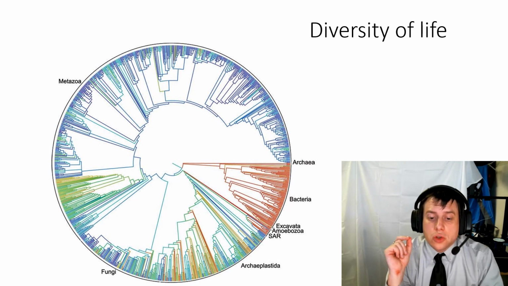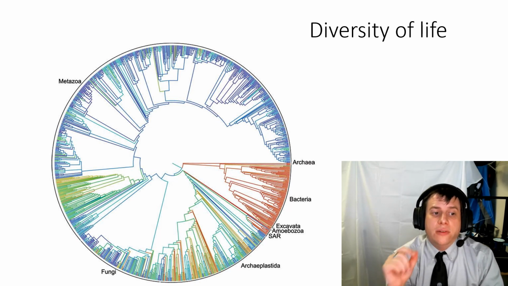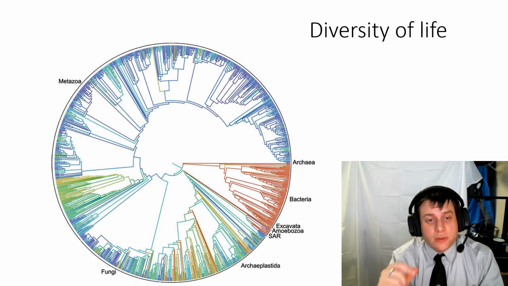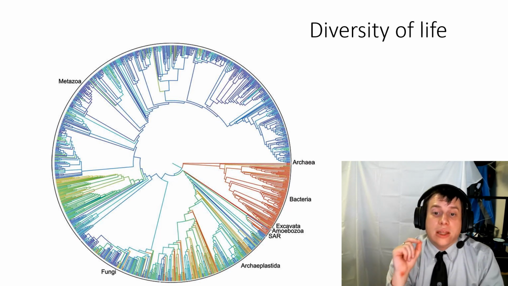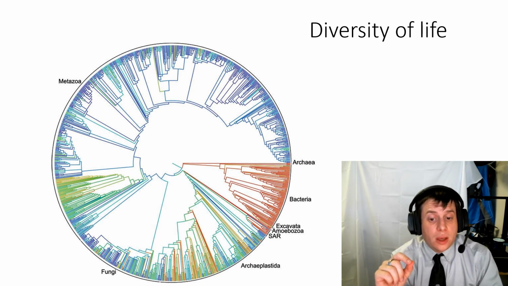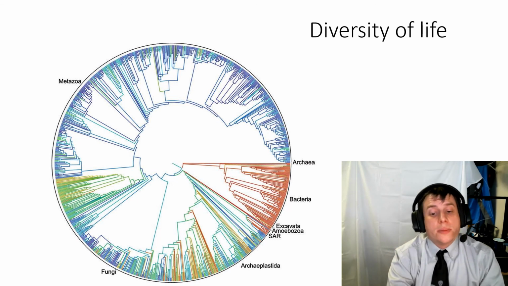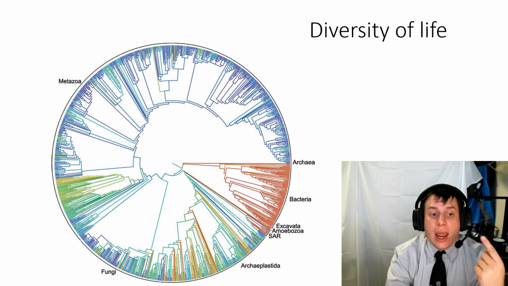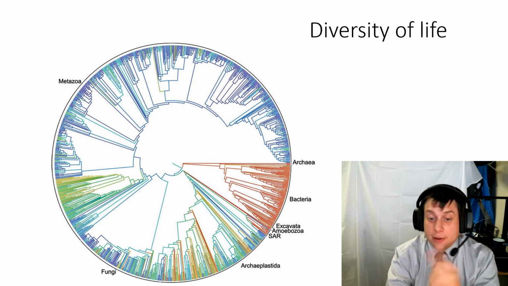And there are so many living organisms on our planet. And each of them has a specific role that they fill in an ecosystem. So this is what I'm talking about when I talk about the diversity of life. When I talk about biodiversity, this diagram, this is it. And yeah, there's a lot to it.